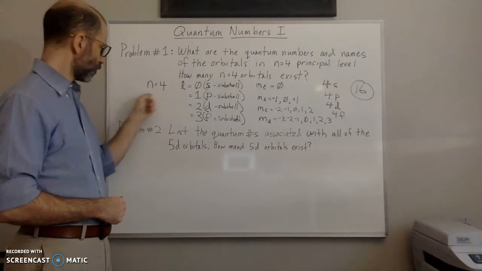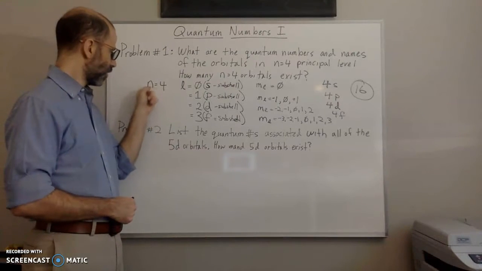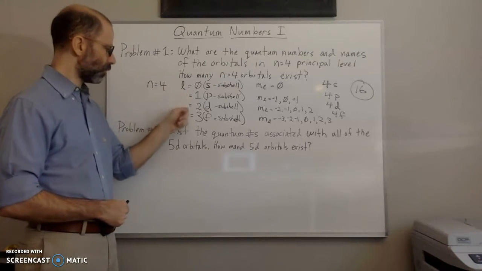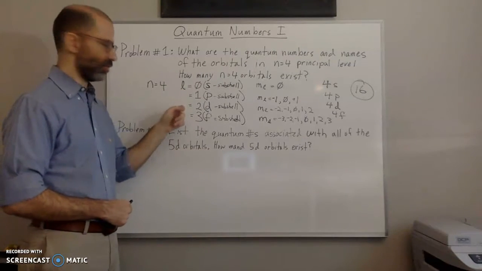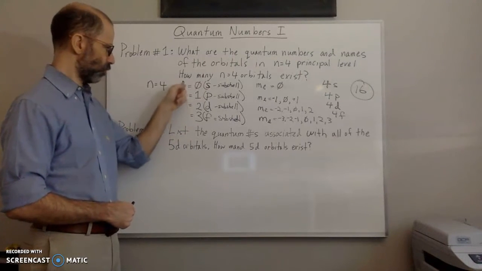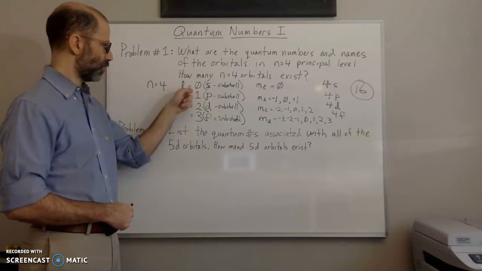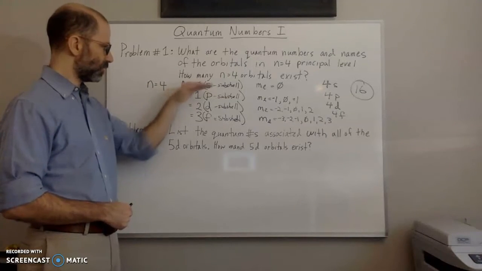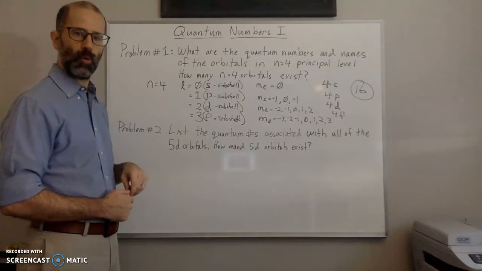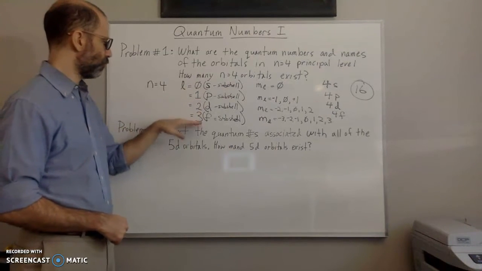So if, for example, n equals 4, then I showed before that the number of your principal energy level will give you the number of your subshells, the different types of orbitals that you will have. So you'll have, here it says 4, so you should have 4 different subshells or different sublevels or different types of orbitals or names of orbitals, right? So you have 1, 2, 3, 4.